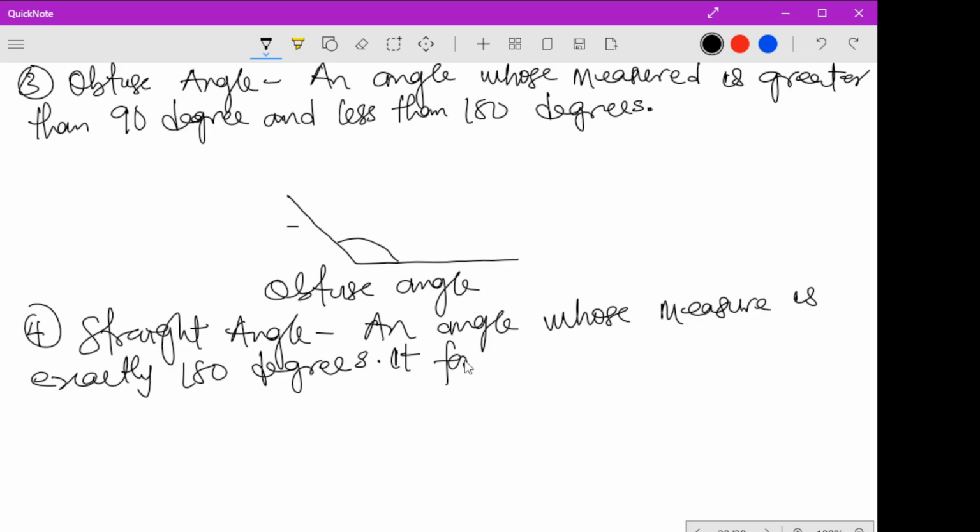It forms a straight line. This is just what we are trying to illustrate. This is a straight line. So this is the angle formed. It's always 180 degrees.